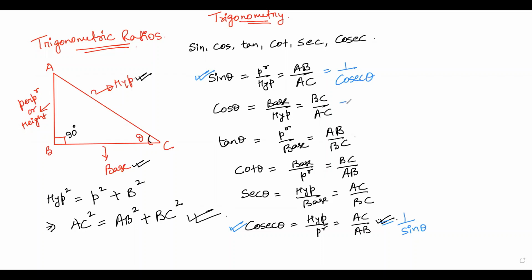So cos theta can be written as 1 upon sec theta, or sec theta can be written as 1 upon cos theta. In a similar way, tan theta is AB upon BC and cot theta is BC upon AB. So tan theta can be written as 1 upon cot theta, or cot theta can be written as 1 upon tan theta.